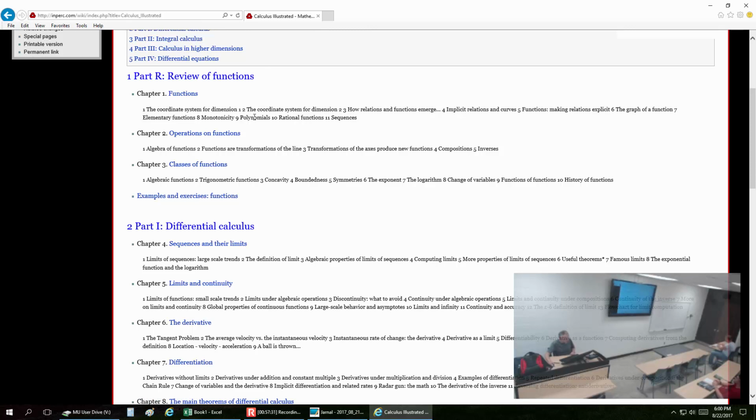But this is the review of functions, and as you can see, here it is. Chapter 2, operational functions, and you have algebra of functions, functions that extract. Okay, we didn't talk about that, but certainly worth reading. These are short chapters, and at the end you have compositions and inverses. So you might want to read it in the book.